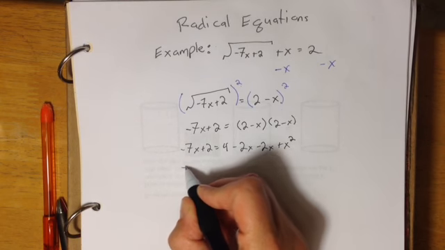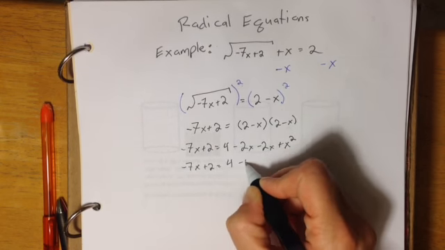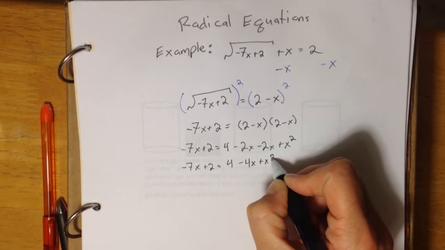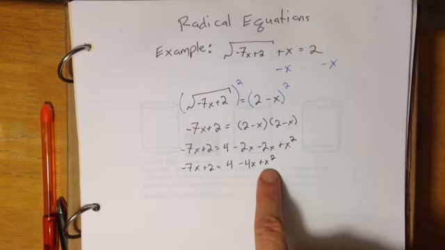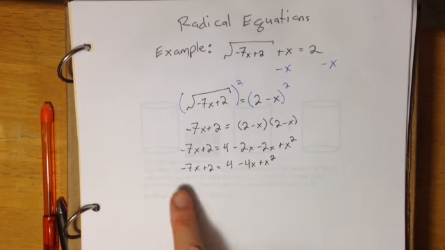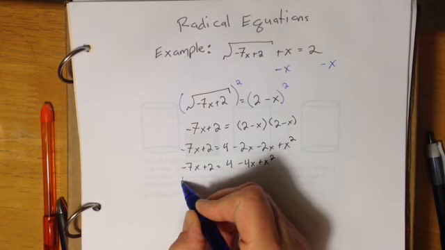Now I'm going to clean this up a little bit and make it look more like a quadratic equation. I've got negative 7x plus 2 equals 4 minus 4x plus x squared. I would like to keep the coefficient on the x squared positive, so I'm going to move the 7x and the 2 over to the right-hand side.